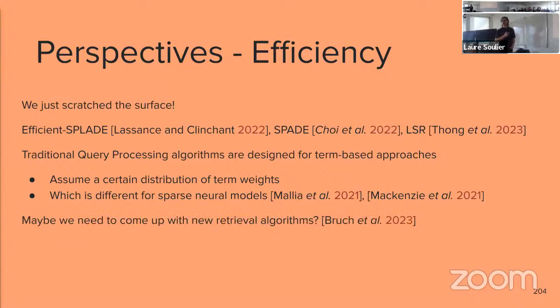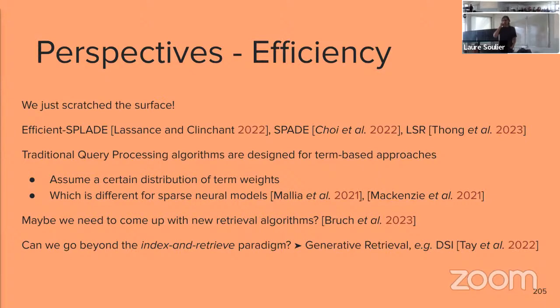Which maybe questions the adequacy of traditional retrieval algorithms for this new class of models. But more importantly, it also questions the very nature of the standard index and retrieve paradigm in IR, because usually it's really hard to optimize this pipeline in an end-to-end manner.